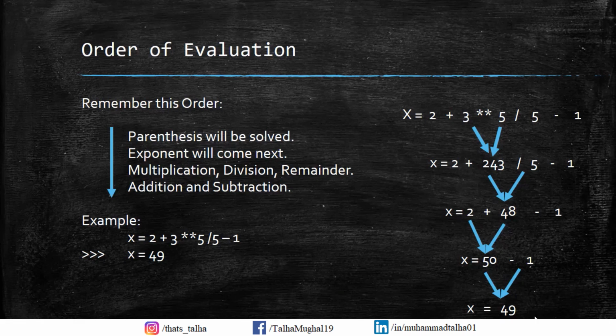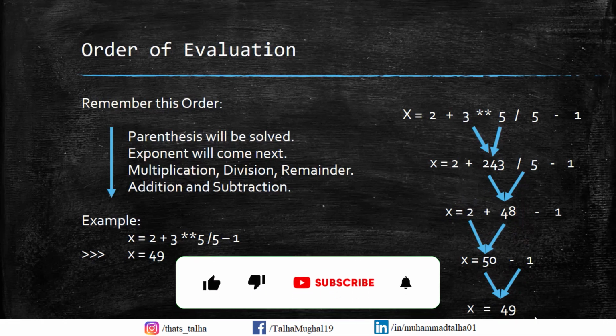Here we have division, so the division will be done. 243 divided by 5 comes as 48. After that, addition and subtraction is done. So start from the left. 2 plus 48 is 50. And 50 minus 1 is 49. And this is how Python solves our expressions which have multiple numeric operators in the same line.